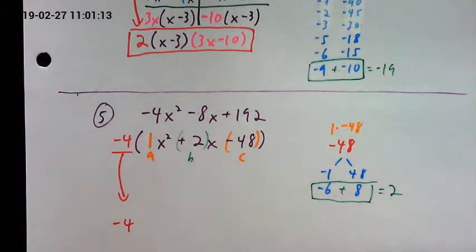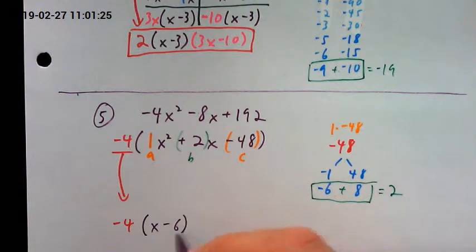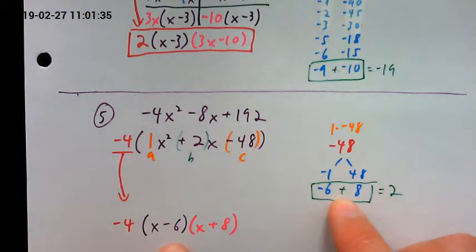And then for our 2 factors, we are going to end up with x minus 6 and x plus 8. Again, I could go straight to that final answer because we have a lead coefficient of 1. Again, those 2 will have to be the 2 values in my final answer.